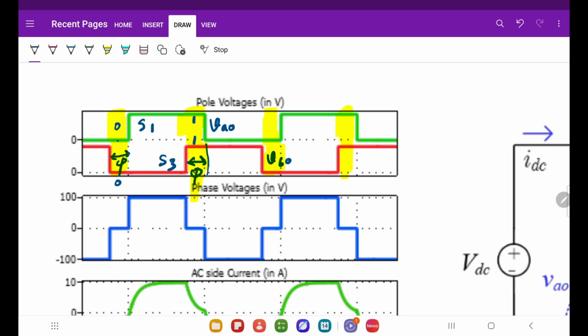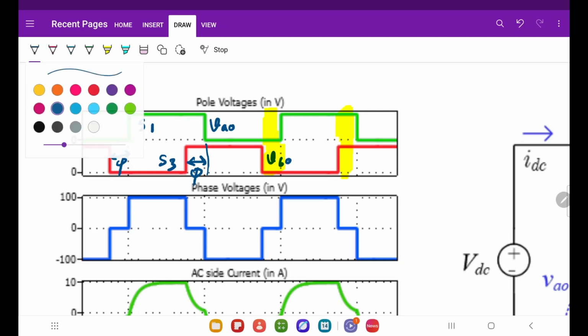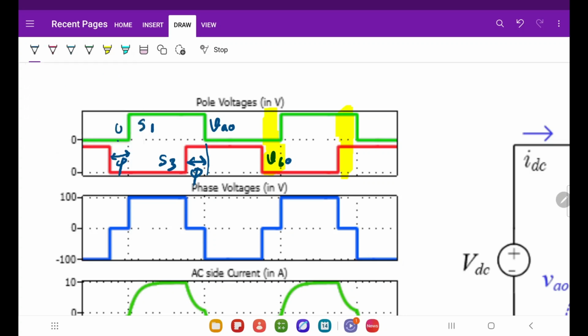Let me take it a little bit smaller. So here it is 0 0, here it is 1 1, right? These are the two durations. So during 0 0, what is the output voltage? We have already seen.